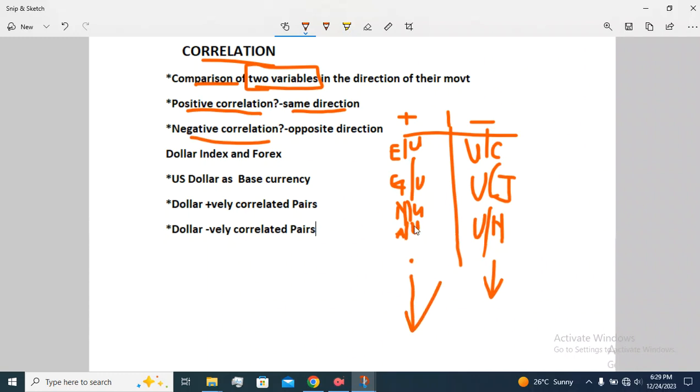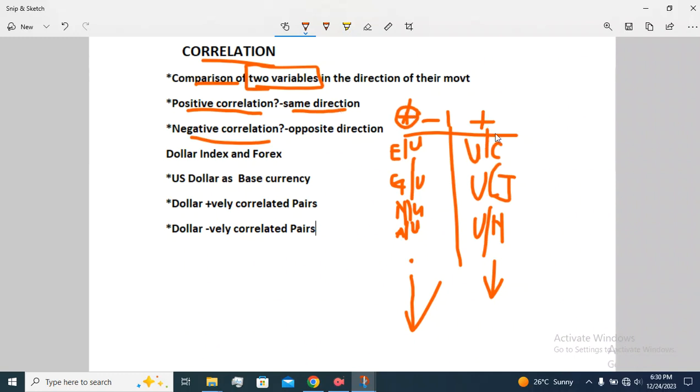Whereby those pairs, positive correlation. No, these are negative, they're not positive. These are supposed to be negative, and this one is positive correlation, where the dollar index moves in the same direction as these currency pairs.